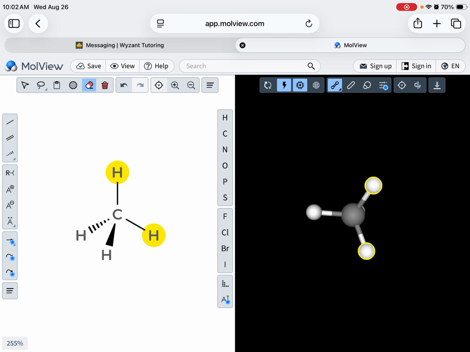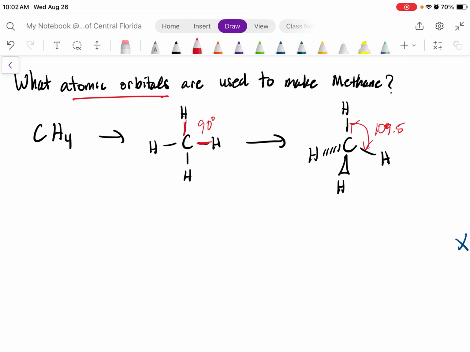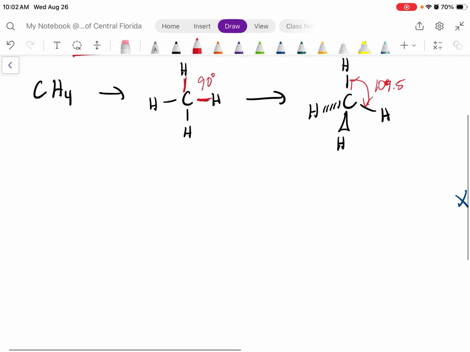So now that we've gained an appreciation here of the molecular geometry, let's figure out the orbitals that are going to be involved in the bonds. So what we're going to do is redraw methane like this.